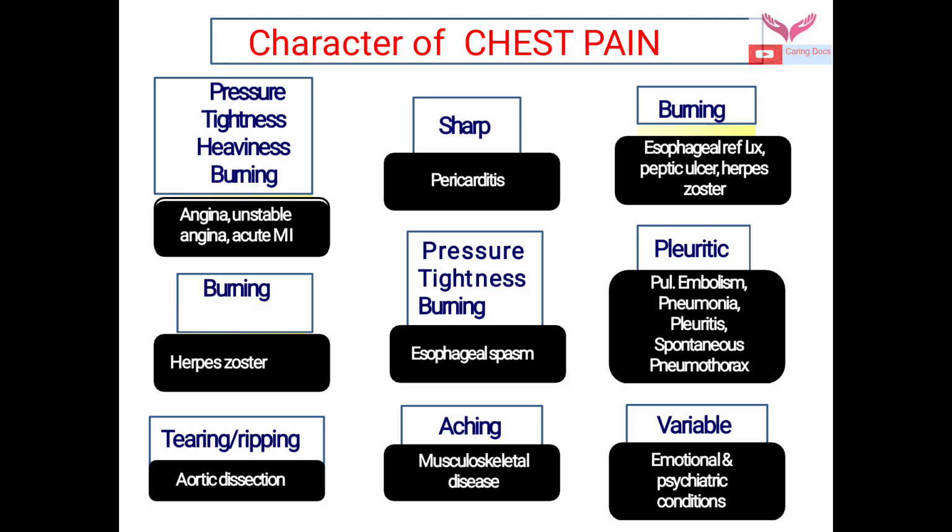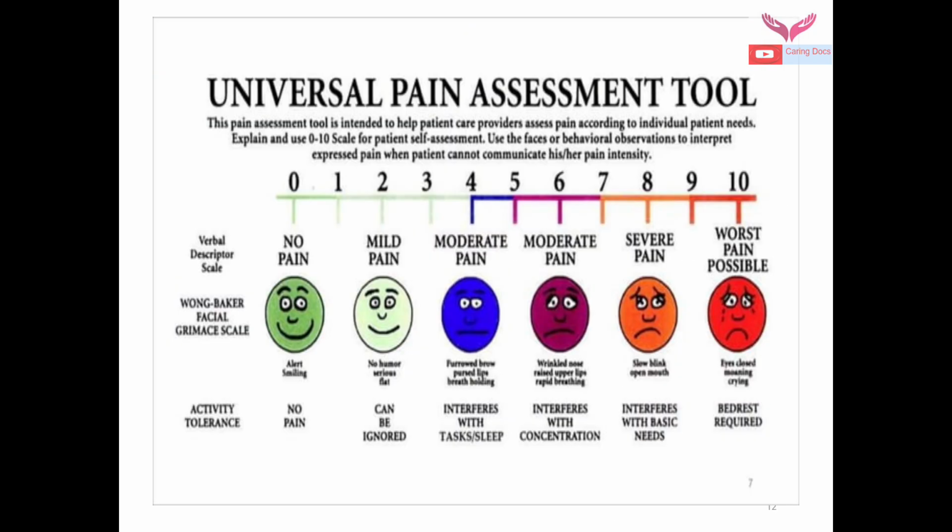Pressure, tightness, burning sensation can be seen in esophageal spasm. Pleuritic type of chest pain is in pulmonary embolism, pneumonia, pleuritis, spontaneous pneumothorax. Tearing, ripping pain is seen in aortic dissection. Aching pain suggests musculoskeletal disease, and pain may have variable characters, and we should think of emotional or psychiatric conditions.